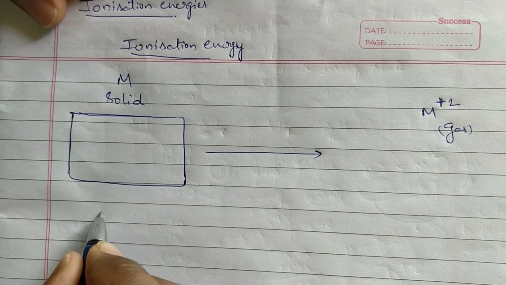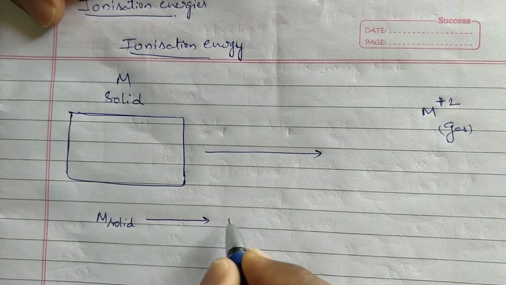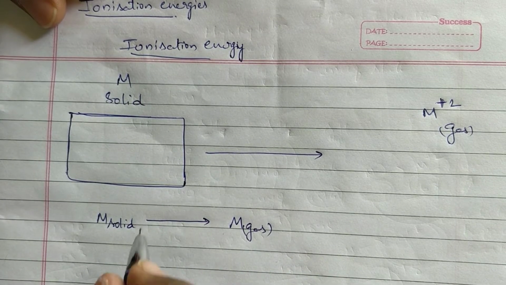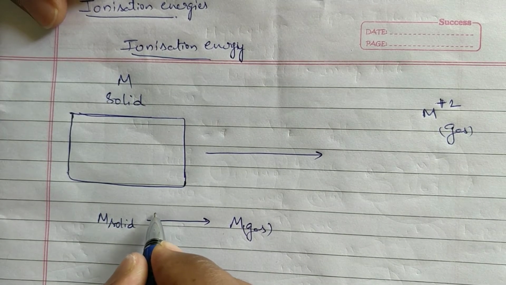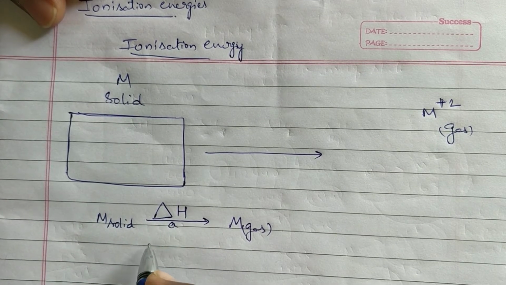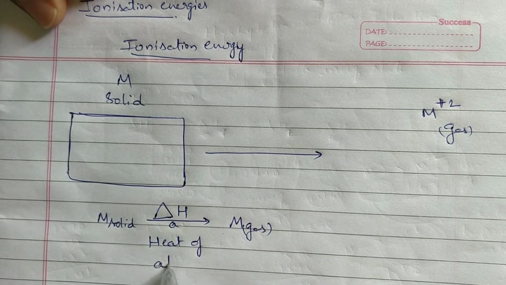First, metal solid should be converted to metal gas by using the energy delta HA, which is called heat of atomization.